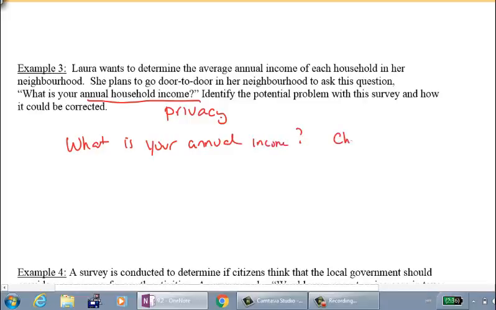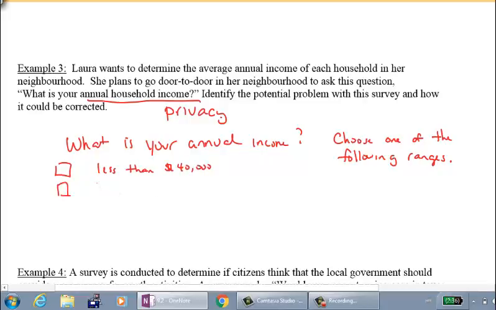And I'll say choose one of the following ranges. So the idea is not to ask the specific amount, but give them a range. So you can have a box here that says less than $40,000. You can have a box here that says between 40,000 and 60,000.